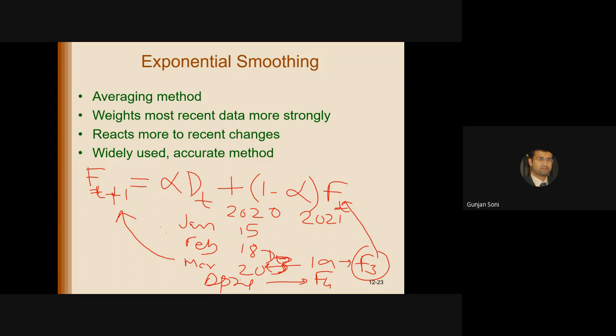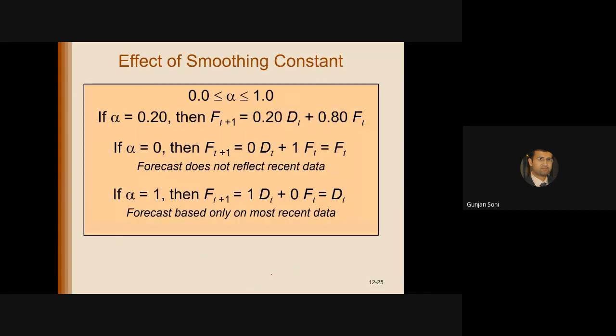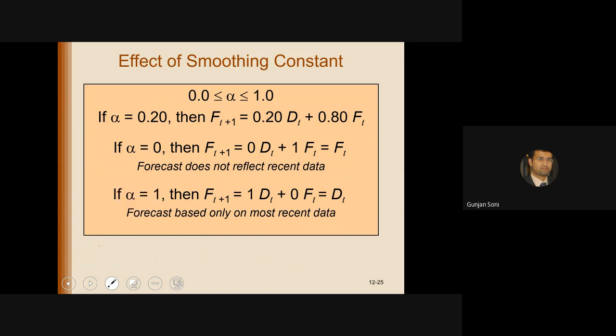Okay, so we go ahead. Let's say alpha is 0.2. If alpha is 0, then the forecast does not reflect recent data.